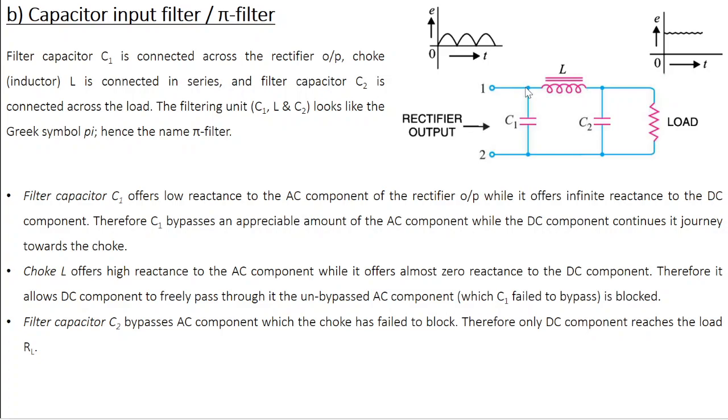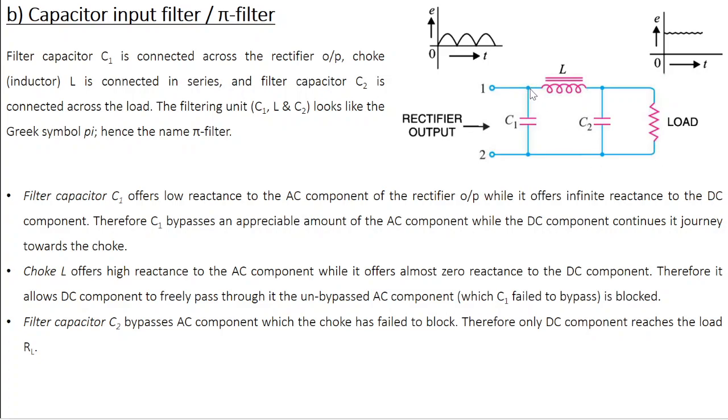So it blocks the DC completely, so the entire DC moves towards the inductor, while it passes most of the AC component back to the rectifier circuit. In other words, the capacitor bypasses the AC component. Otherwise, the AC component would travel through the entire circuit. That's why this capacitor is also known as the bypass capacitor.